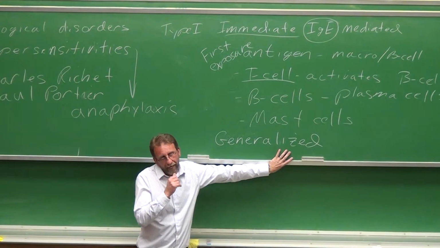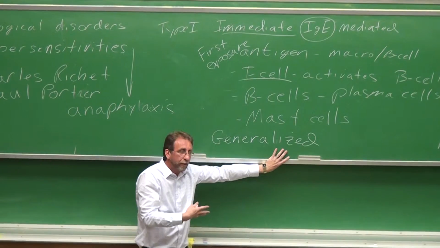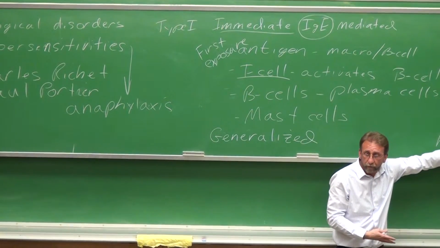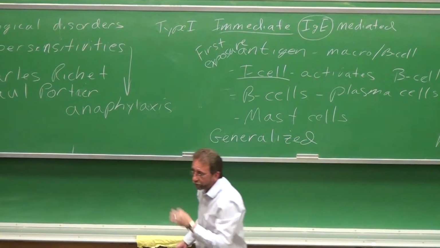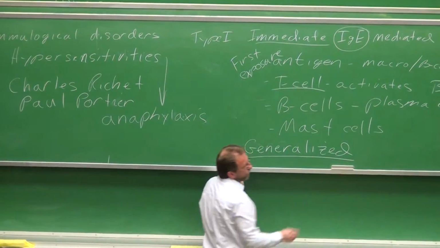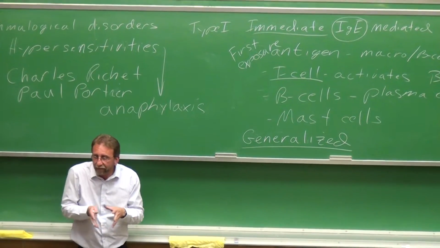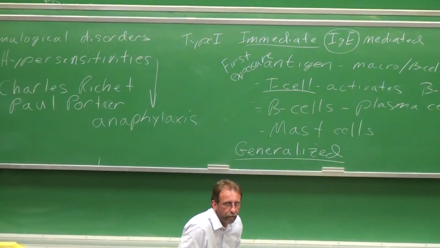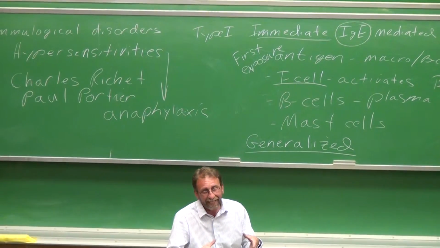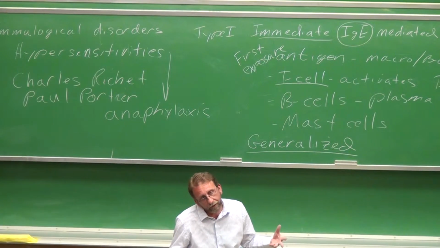Because think about what happens. In this situation, what you're really experiencing, and basically most of these are just inflammatory responses, inflammatory responses to the antigen. Well, now you've got an inflammatory response body-wide. What does that mean? If you think about what happens in an inflammatory response, your vessels dilate, all of them dilate then, and fluids start to move into the tissues.